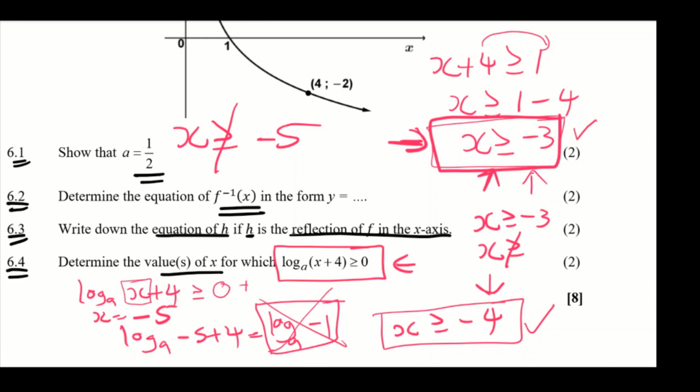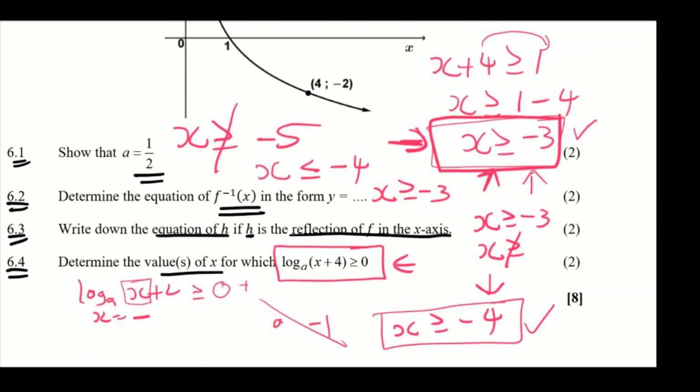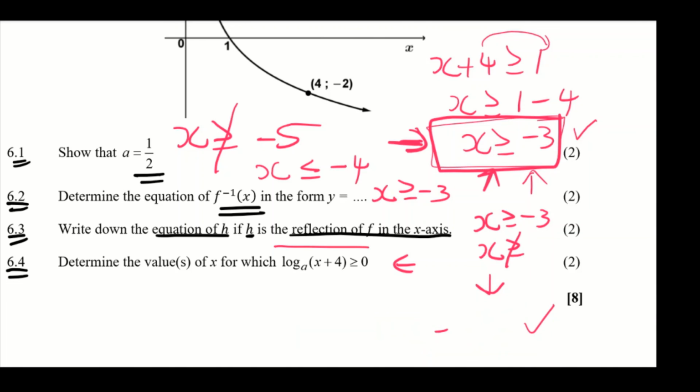So it must be less than or equal to -4, but it must also be greater than or equal to -3, right? So let me properly write that, but at least I showed you the situations on what happens.